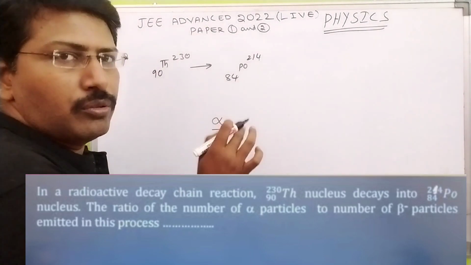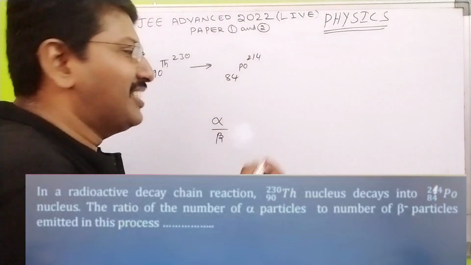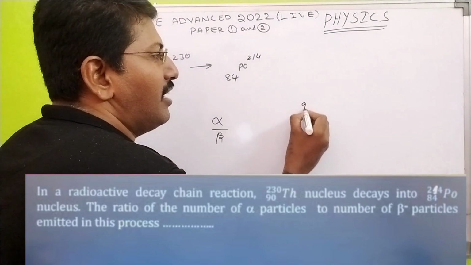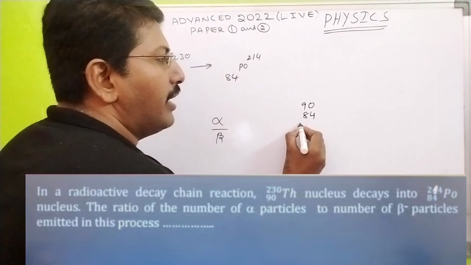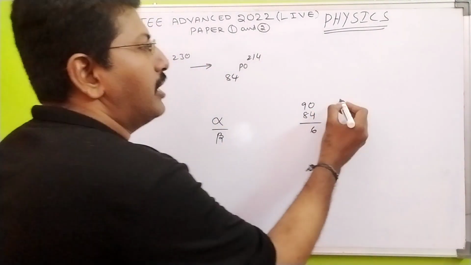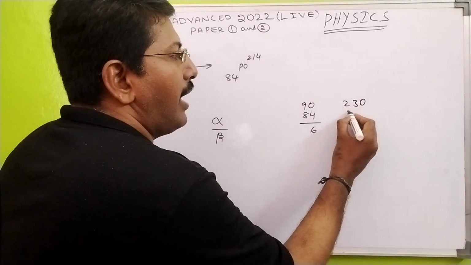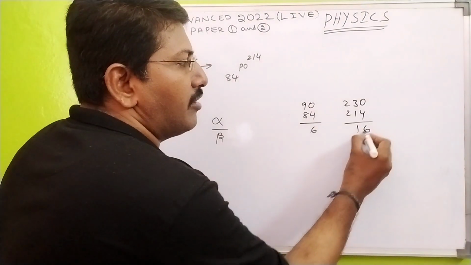First do the subtraction. See here, 90 and 84, so you get 6. Next, 230 and 214, so this is 16.